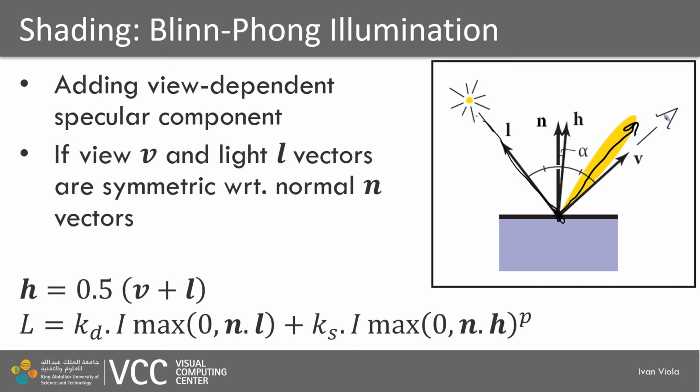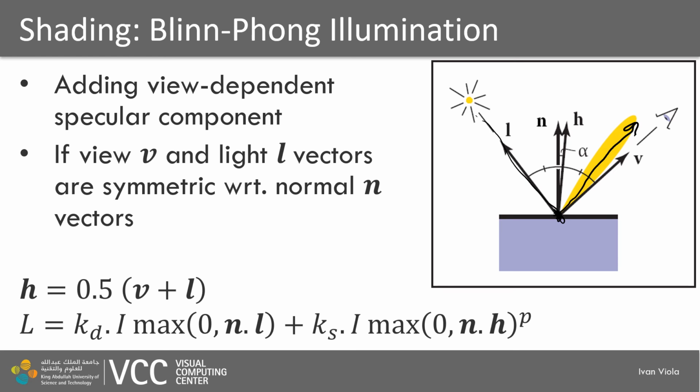So this will be the strongest reflection of this light, of this specular highlight, which we will have for maybe not ideal mirrors, but for shiny enough materials. And the angle between the light vector and the view vector will basically define how strong this specular component is.